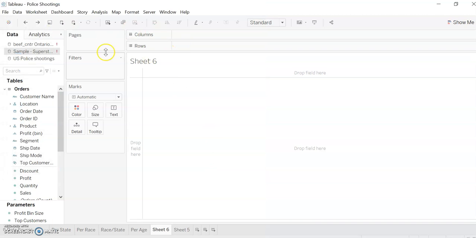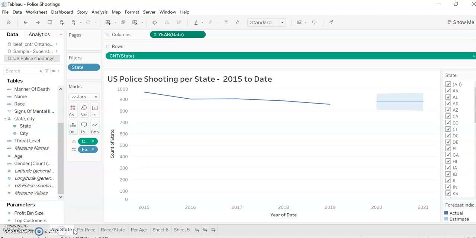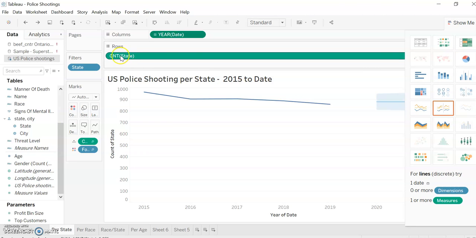Upon doing that, I opened several sheets, and as you can see, this is the first sheet. I used the US police shooting per state. I used the state and the year in this particular analysis, US police shooting per year from 2015 to date.